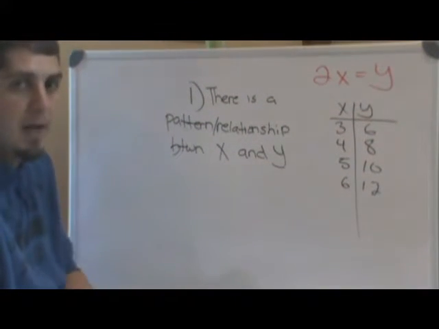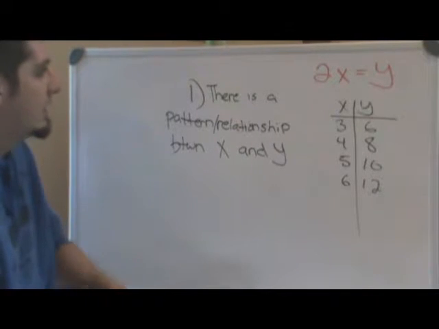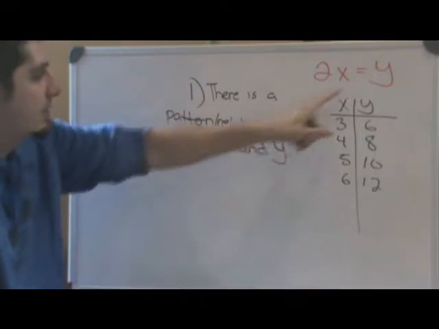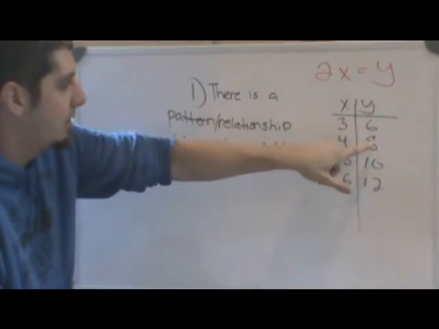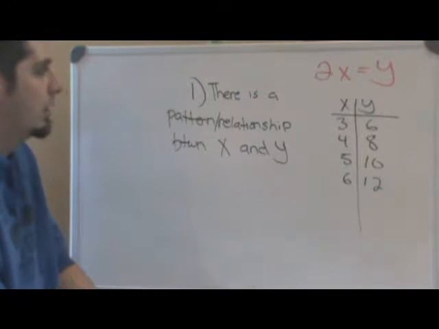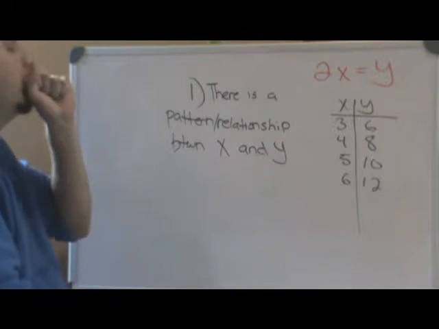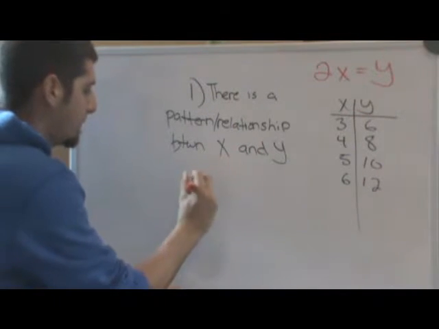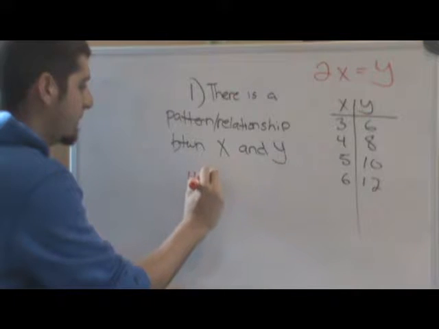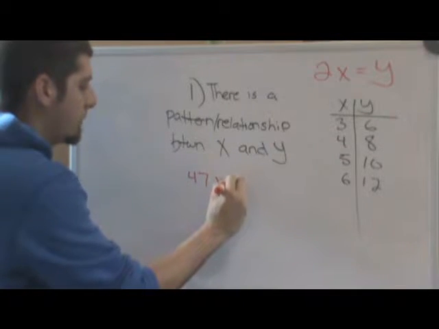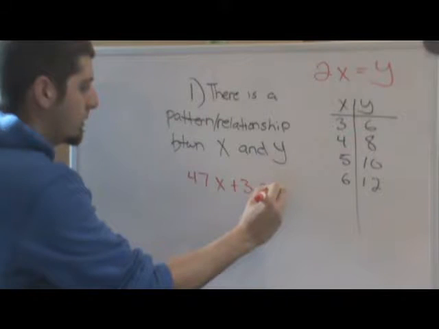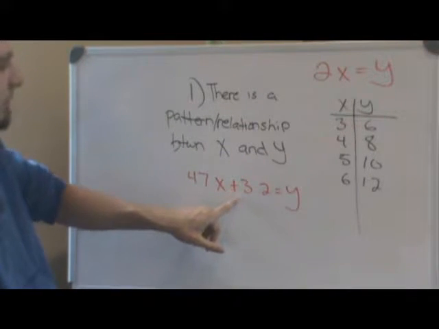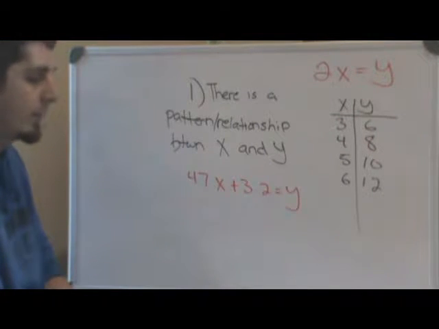Most people would pick up on that pattern or relationship very quickly. Sometimes, however, you may not be able to look at this table and these ordered pairs and see the pattern or relationship very quickly, if at all, because sometimes the relationship gets really complicated. For example, what if my relationship was this: 47 times the x coordinate plus 3.2 would get me my y coordinate.